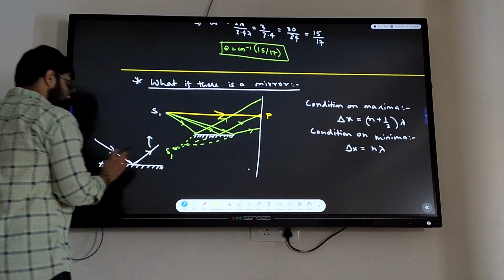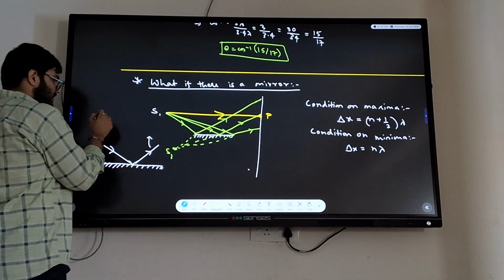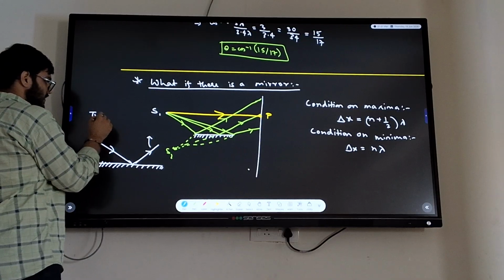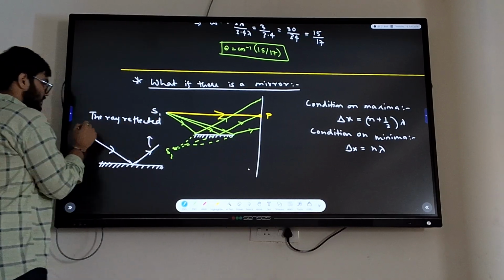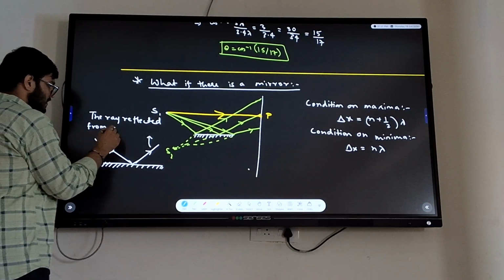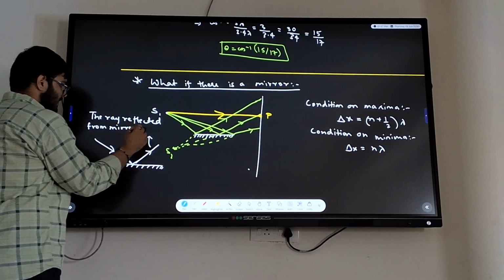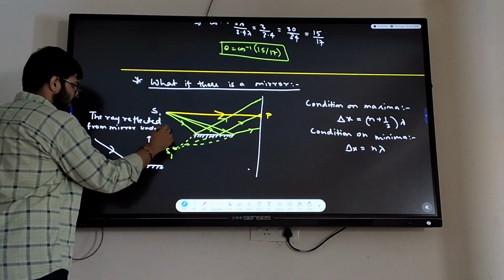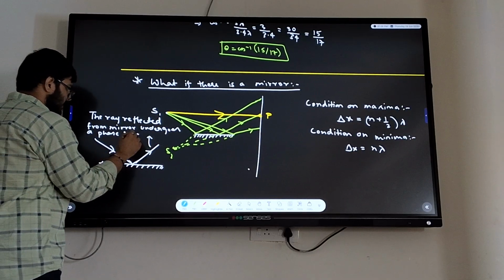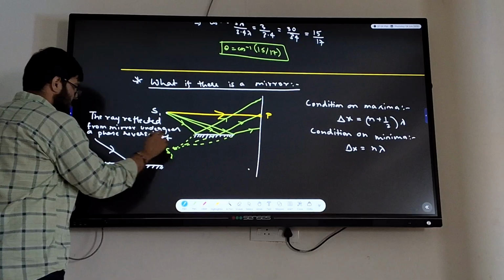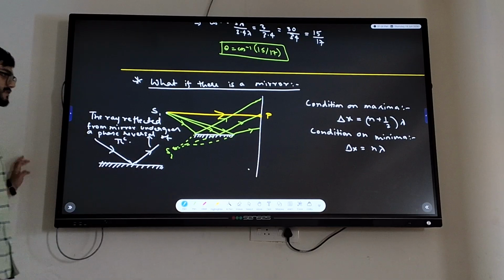So anyways, the ray reflected from the mirror undergoes a phase reversal of pi radians.